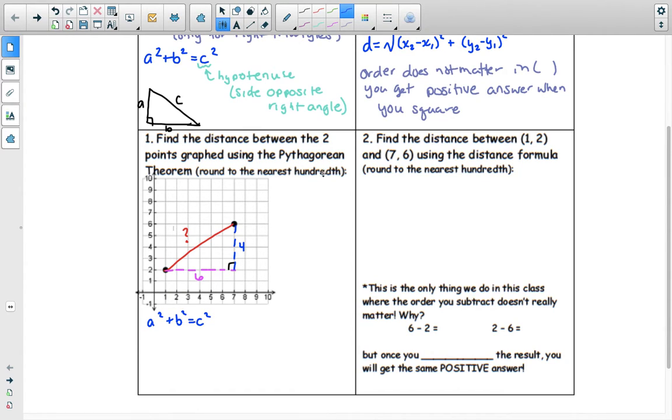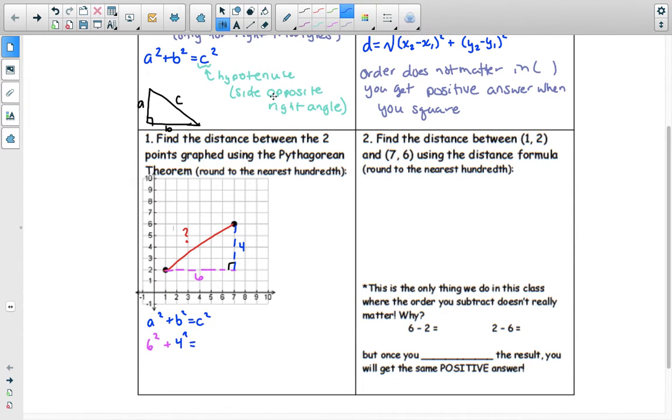We will round to the nearest hundredth, which is 2 decimal places. So our a value can be either the vertical distance or the horizontal distance. It does not matter. So I'll just use the horizontal distance. So I'll use the 6. So we're going to take our a value as 6, and then we're going to square it. Plus, we're going to take the b value, which is 4, and then we're going to square it.